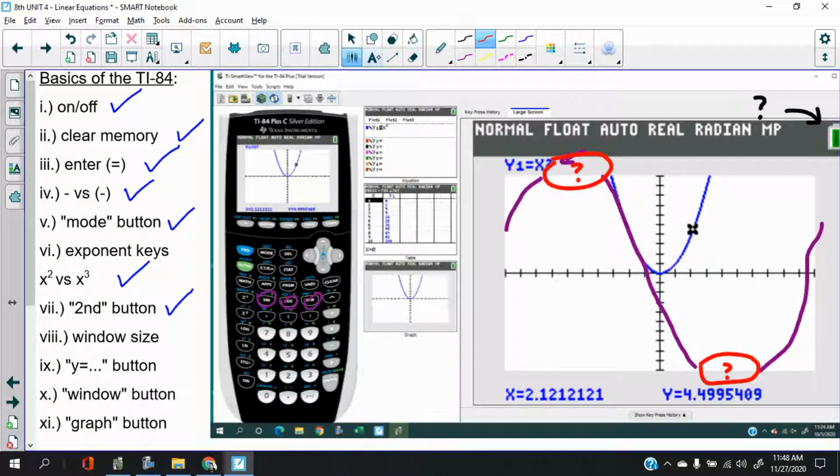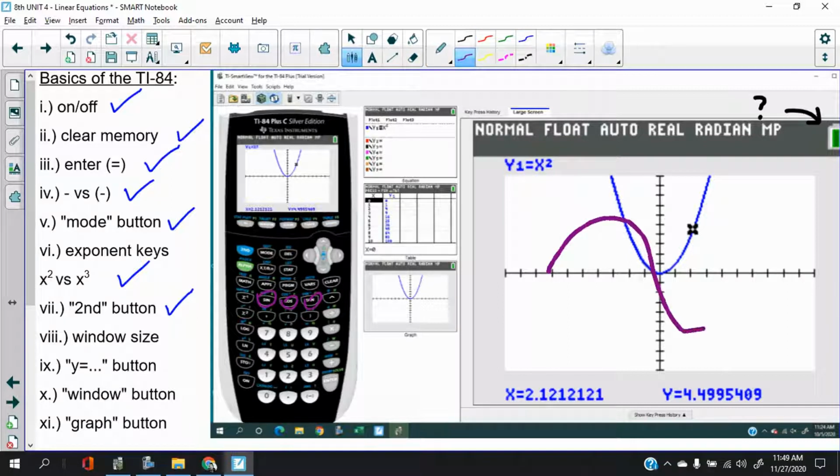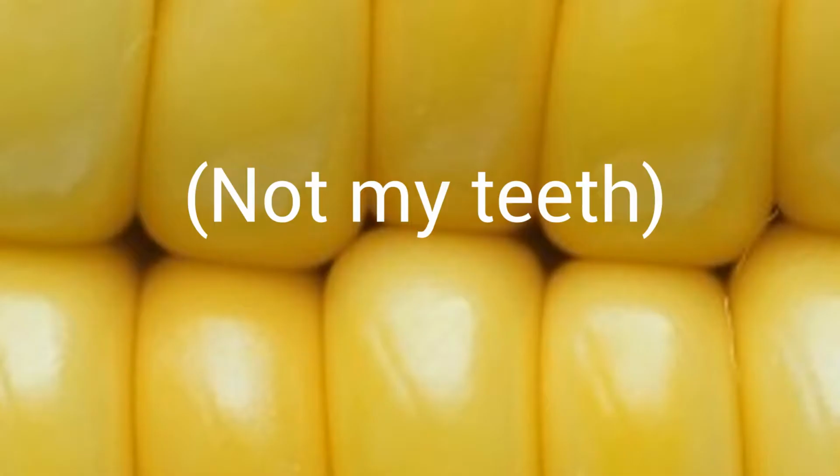That's the question. So how do you get around that? You make the window smaller. You shrink the graph actually, so that when you graph it again, it looks tinier. It looks something like this. It's almost like that game people play when you look really close at an object.